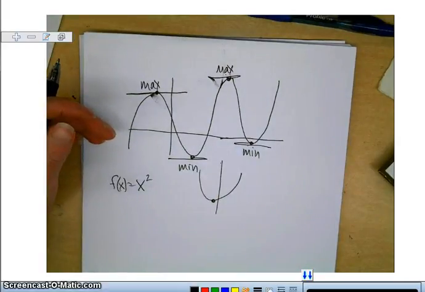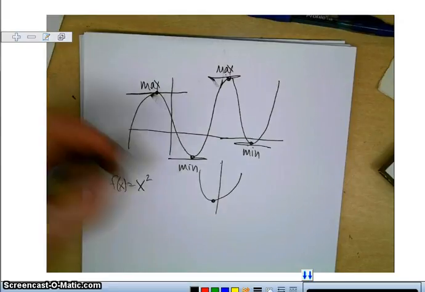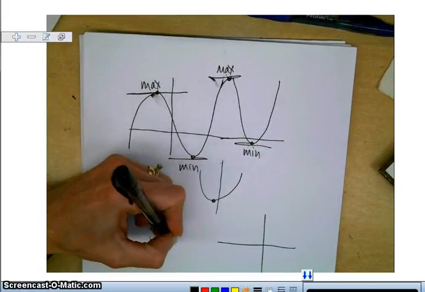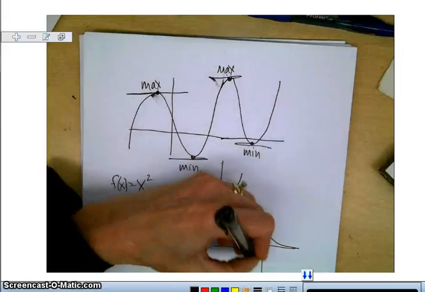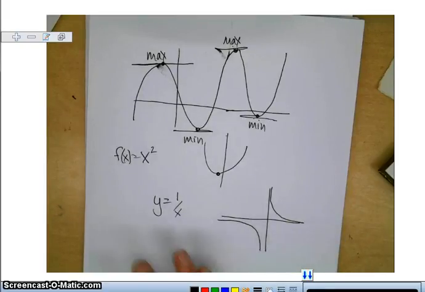Do you always have to have a max or a min? No, because here's an example of a function, y equals 1 over x. This is what the graph of 1 over x looks like. Does that have maximums or minimums anywhere? No, it does not. So some of the problems we do will have no horizontal tangents. You might come up with none for an answer here.